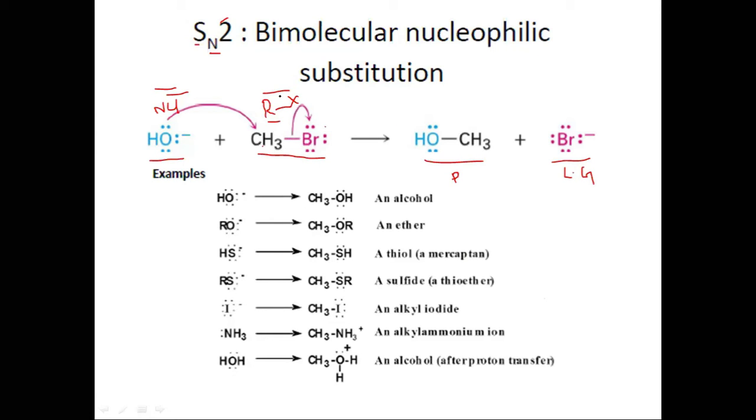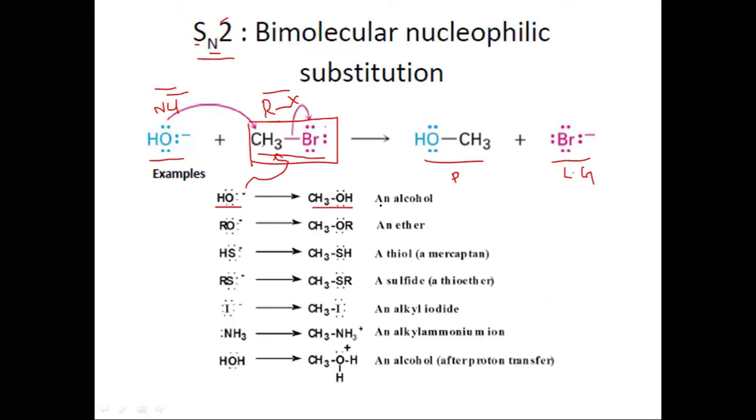So this will be the leaving group, and this is your product. This reaction generally prefers to follow the SN2 fashion, bimolecular nucleophilic substitution. There are examples of various transformations you can perform if you have a simple substrate, that is methyl bromide. Suppose you are using OH minus as a nucleophile, then the reaction between the substrate and OH minus nucleophile gives methanol.